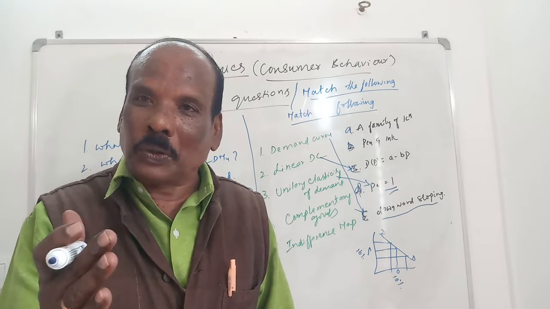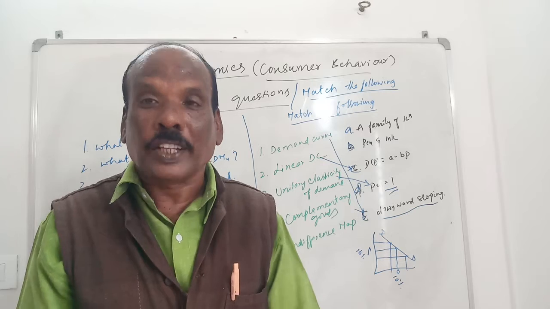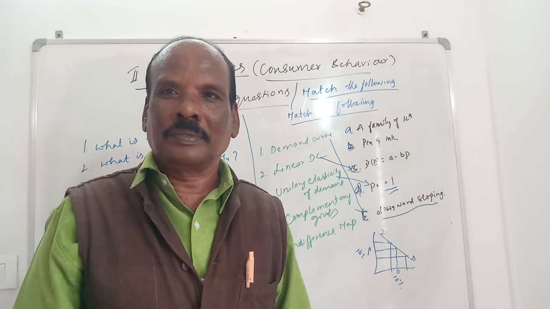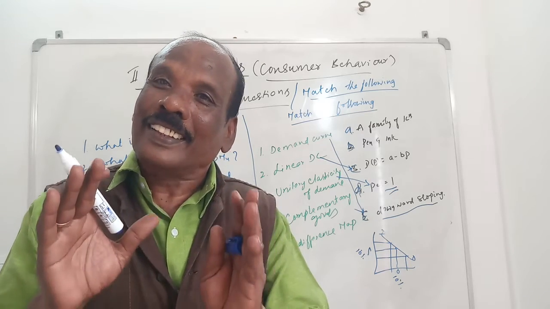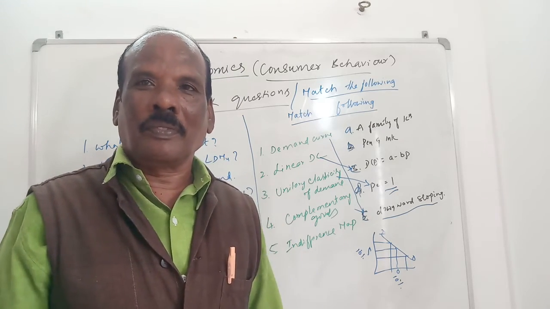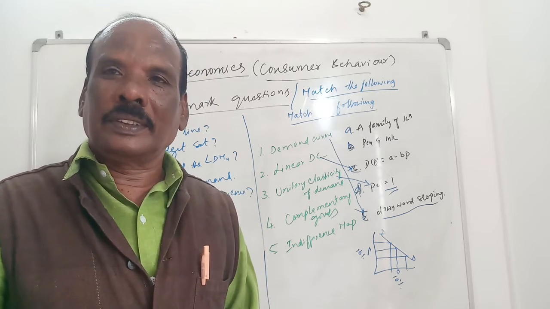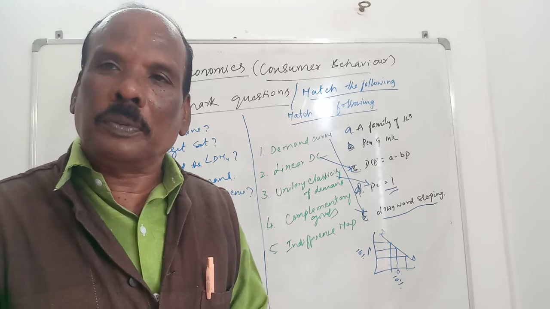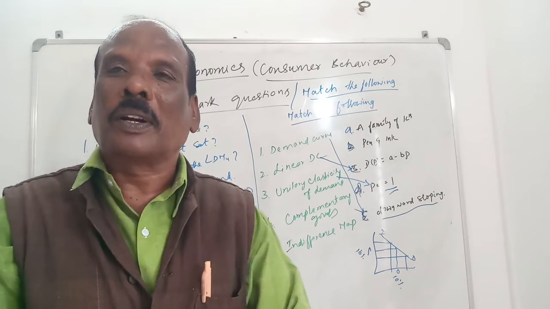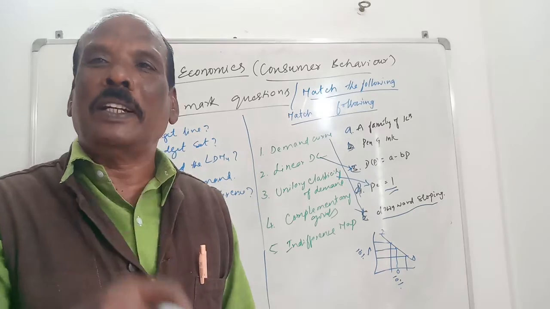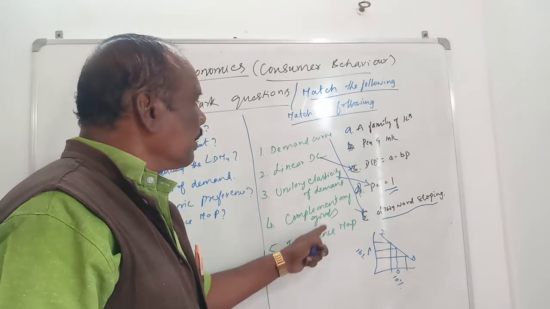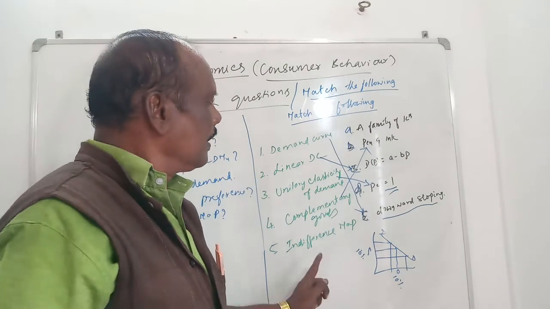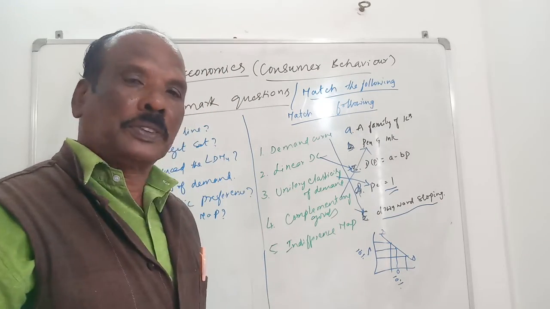For example, bike and petrol, shoes and socks, idli and chutney, phone and SIM card, pen and ink. They are the complementary goods.